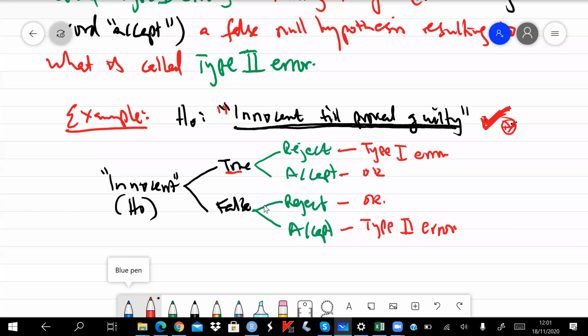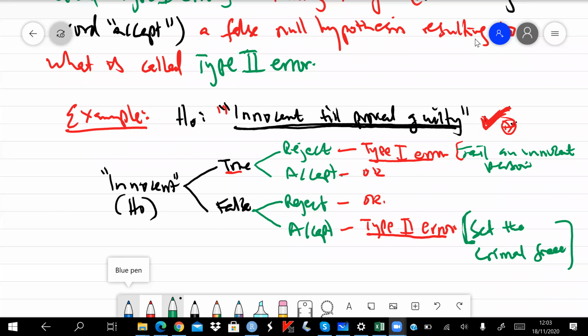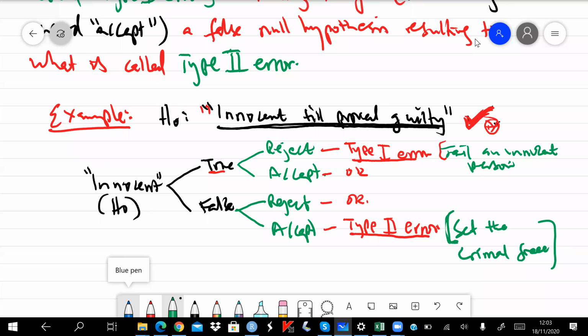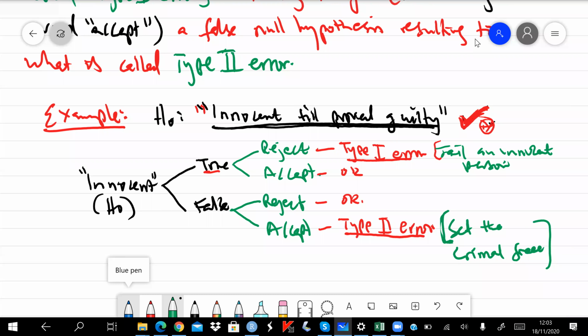I don't know from your own assessment, when you look at these two errors in this context of courts or corridors of justice, which of the two errors sounds more serious than the other? In this context, the first error, or type 1 error, is equivalent to jailing an innocent person.